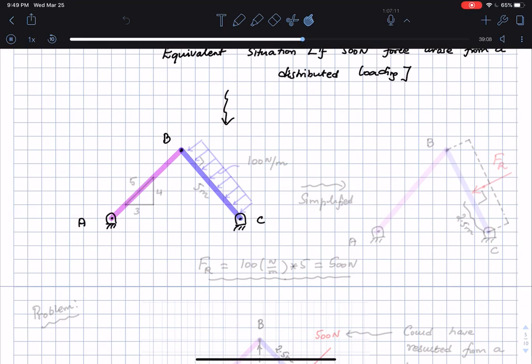So if I draw the slope triangle here, I can follow the same slope triangle for either of these pieces, right? This is going to be a 3, 4, 5 slope triangle, and likewise for this as well. Here I can say that this is a 3, 4, 5 slope triangle. Okay, so this is going to be 4, 3 and 5.